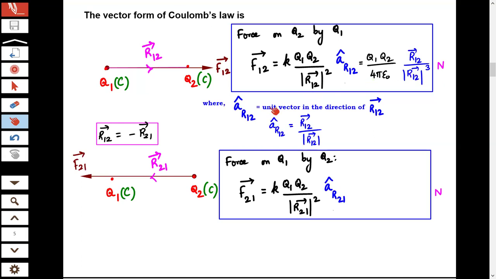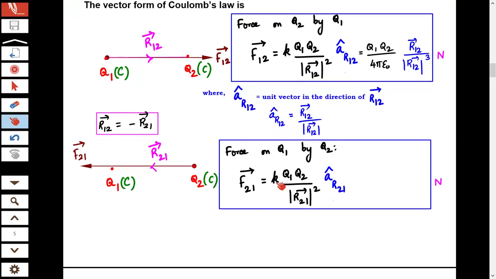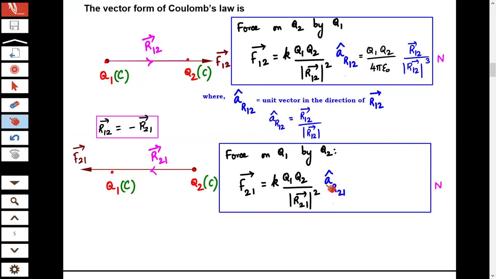Similar to this force, we can get the force on charge Q1 due to charge Q2. In that case, the direction of force will be opposite and it is directed from Q2 to Q1, and the displacement vector is directed from 2 to 1. We write the vector as R2 to 1, and the force F21 can be given as K times Q1 Q2 by R square into the unit vector.